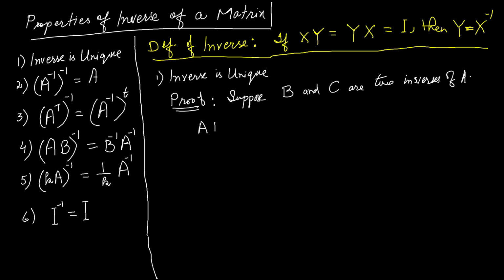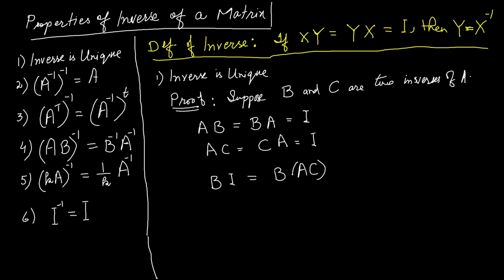Then by definition of inverse, AB is equal to BA is equal to the identity matrix and AC is equal to CA is equal to the identity matrix. We can write BI equal to B into AC because AC is equal to the identity matrix.